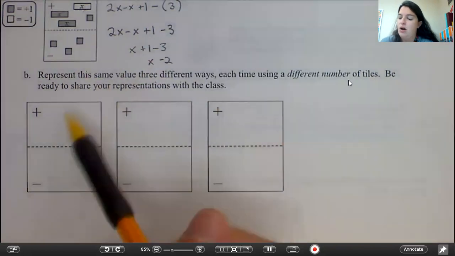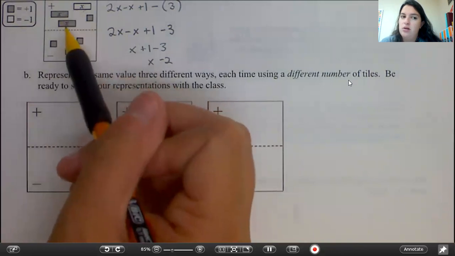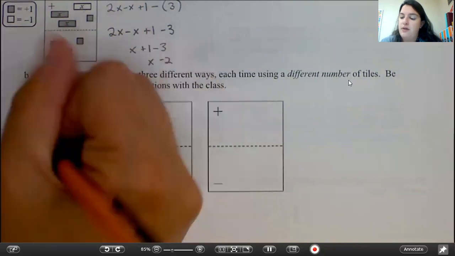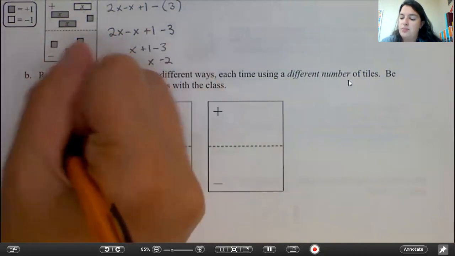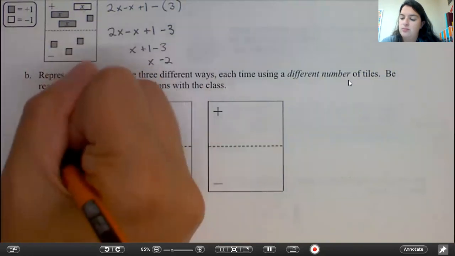Okay. So let's talk about our positive tiles first. We can leave everything that's up there. So I'm just going to redraw them.